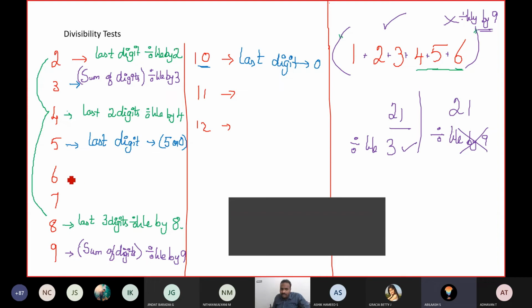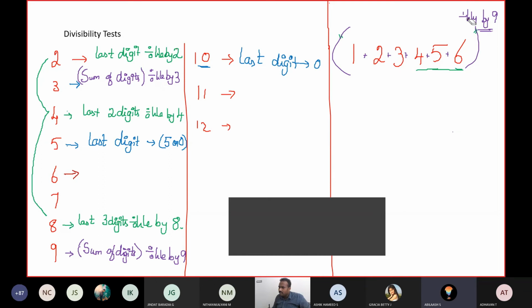Okay. So moving on. What is the divisibility rule of 6? How will you check whether the given number is divisible by 6 or not? See, all these things we have already learnt in our schools.